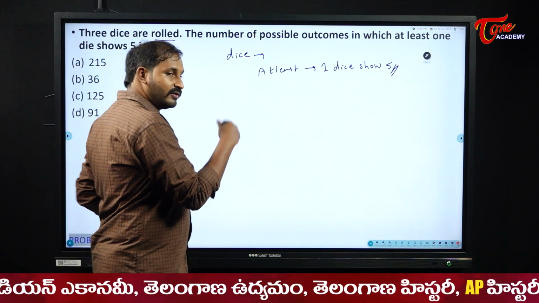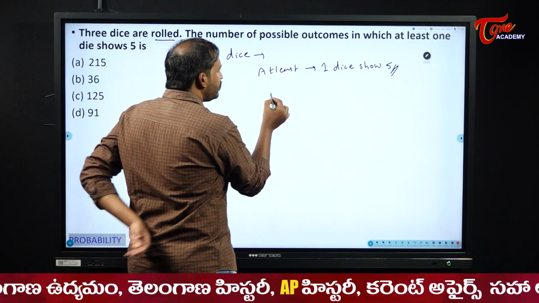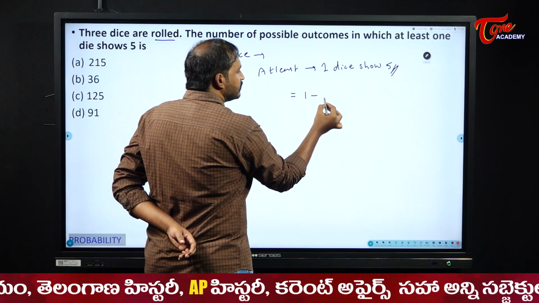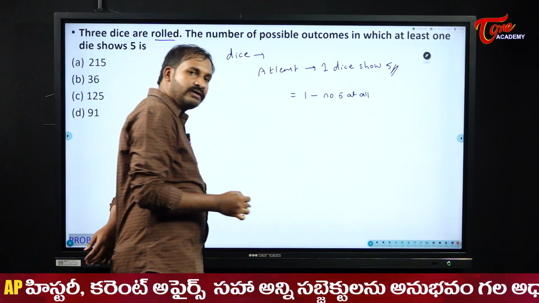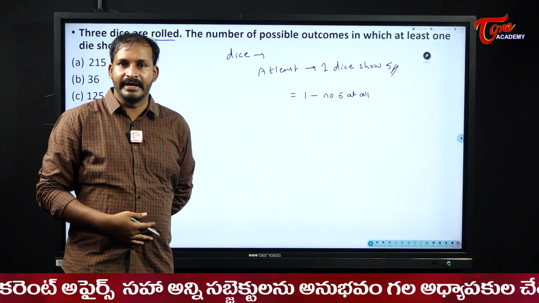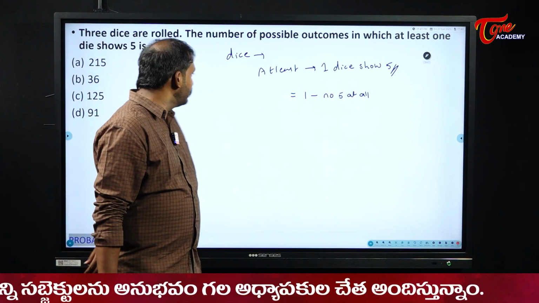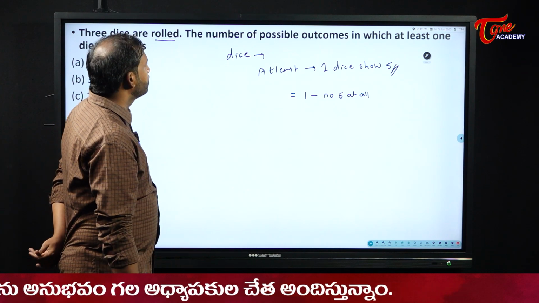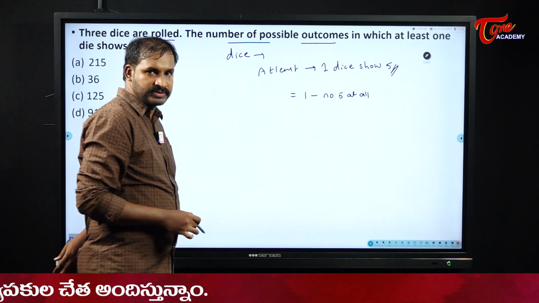Yes, we are going to solve it in the negation manner. That means what? 1 minus no 5 at all. So what will be my probability? They are asking not the probability, just the possible outcomes.